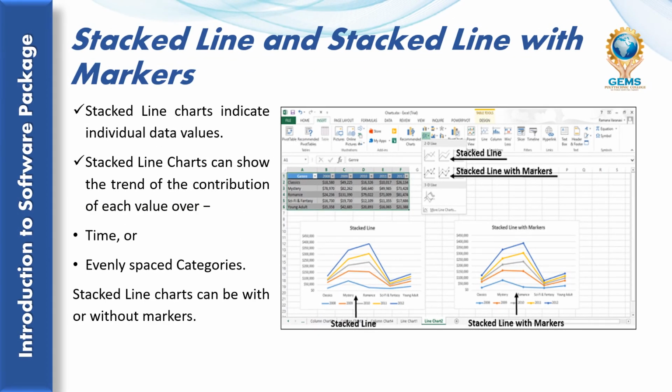Stacked line and stacked line with markers. So a stacked line chart indicates individual data values, and a stacked line chart can show the trend of the contribution of each value over time or evenly spaced categories. So in this image, the second one shows the stacked line and stacked line with markers.